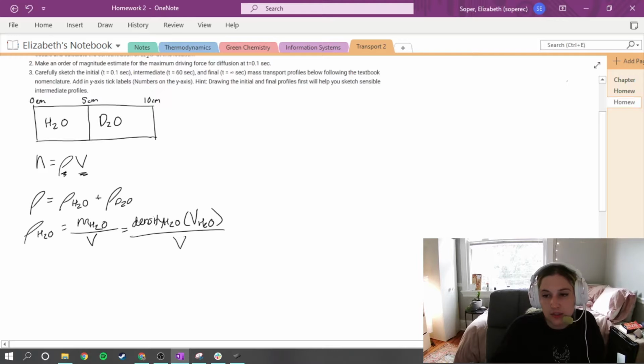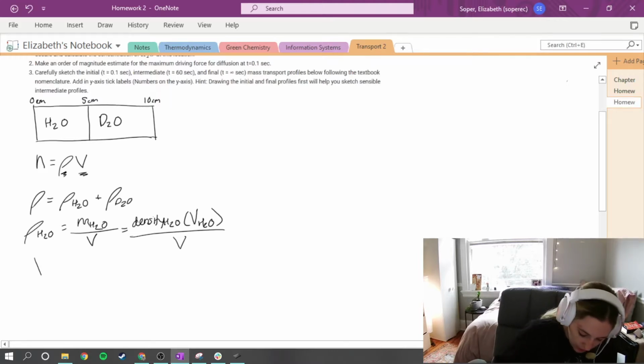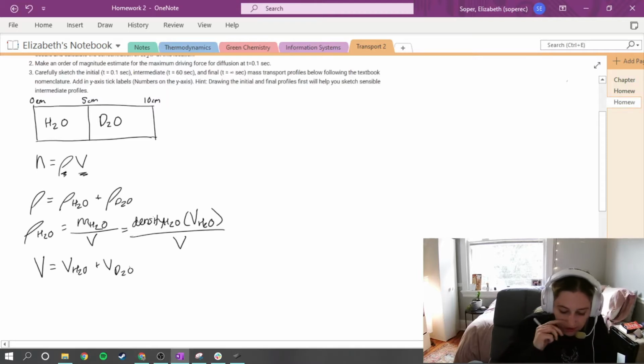So now let's try to simplify this further by looking at the total volume. We know that the total volume is equal to the volume of the H2O plus the volume of the deuterated water. And in this situation, it tells us that it's split in half.